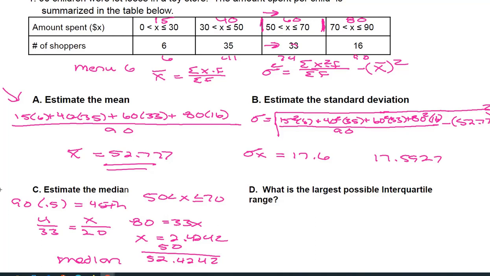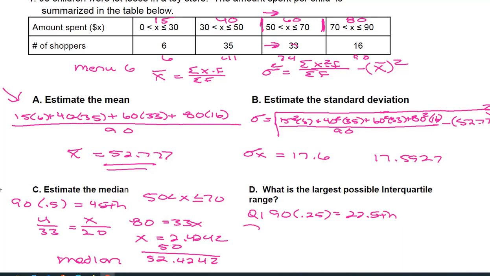Now, the largest possible interquartile range. So we've got to figure out roughly what classes Q1 and Q3 are going to be. To figure out Q1, I'm going to again take the total 90 and multiply it by 0.25, and I'm going to get 22.5.